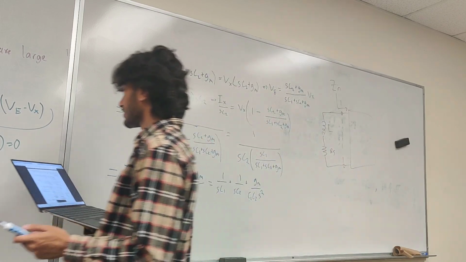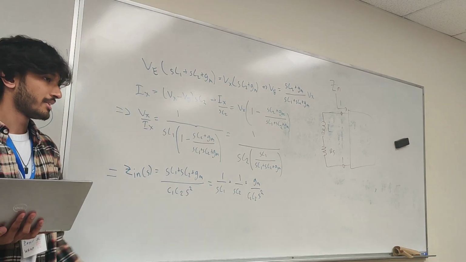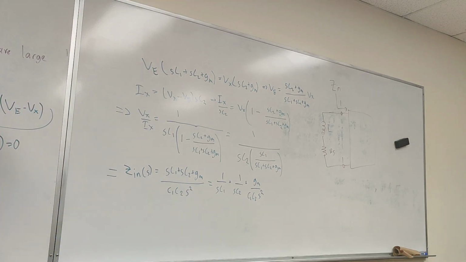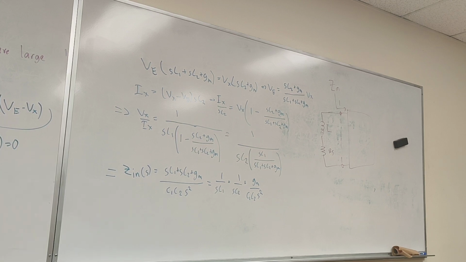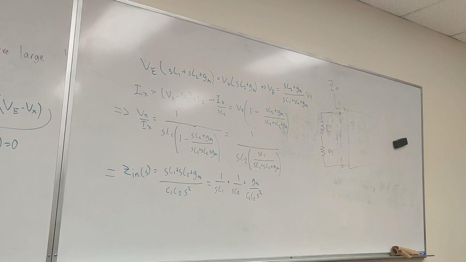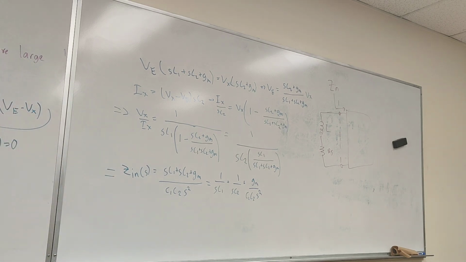So finally, we get this equation for our input impedance in the Laplace domain: 1 over SC1 plus 1 over SC2 plus GM over C1 C2 S squared. I don't expect any of you to even memorize that step or any of the steps before. It's just a long derivation. For those of you who are curious as to how we got that, it's just these two KCL and KVLs, and then you do partial fraction decomposition here. If you want, you can go through and do it yourself, but only do that if you're really bored.